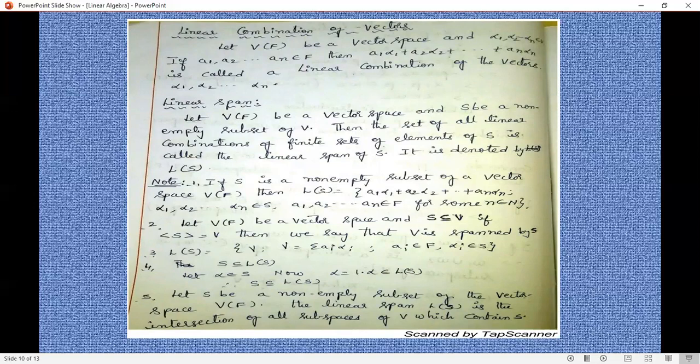Before coming to the linear combination of vectors, what we had discussed: vector space, vector subspace and the related theorems. We are using those theorems and statements here. Listen carefully.